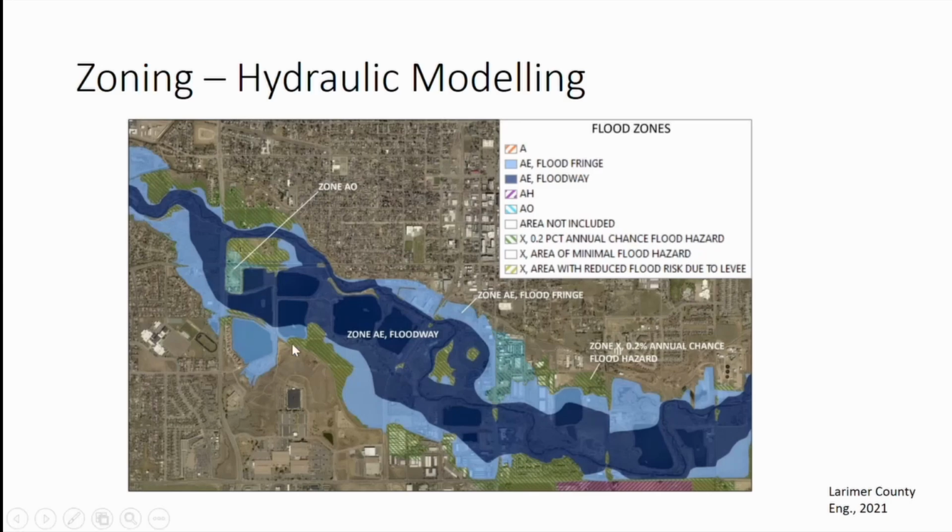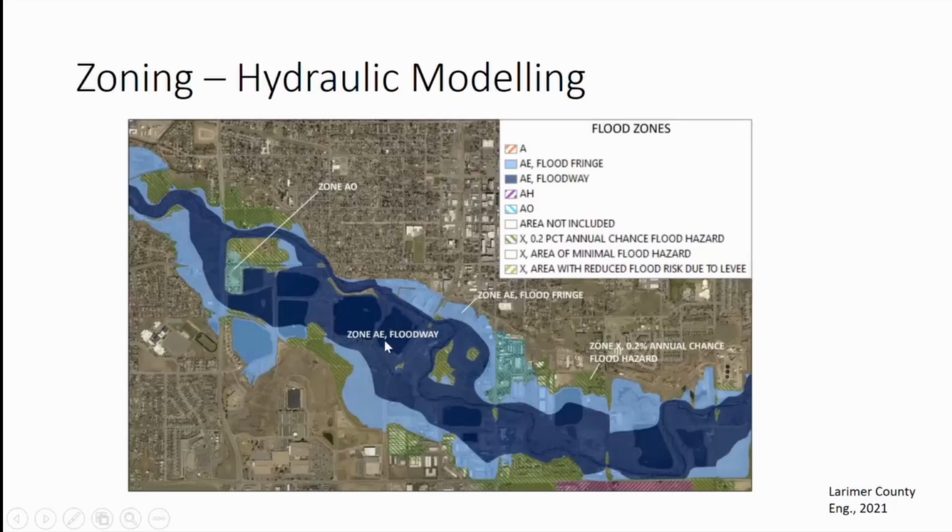So this is an example of such a map where the deep blue area is your floodway and the light blue area your fringe. So the floodway, like I mentioned before, would be where we wouldn't allow any development because it's very dangerous to have like a house or a person in that zone once that event happens.